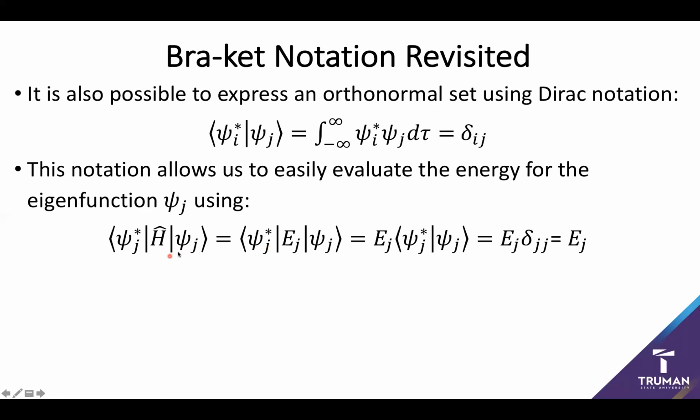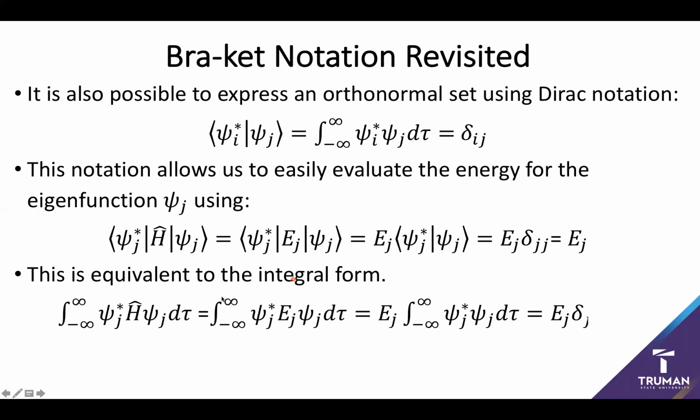Since this wave function is an eigenfunction of the Hamiltonian, I just pop out the energy. The energy is an eigenvalue, so it pops out front. So what I'm left with is the Hamiltonian expression equal to the energy times the Kronecker delta. Since both of these functions are the same, that means my energy is E j.